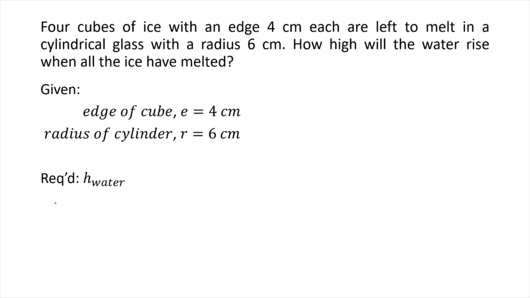Let's solve first for the volume of the ice cubes. The formula for the volume of a single cube is its edge cubed. Since we have 4 ice cubes, our working equation is 4 times E cubed.